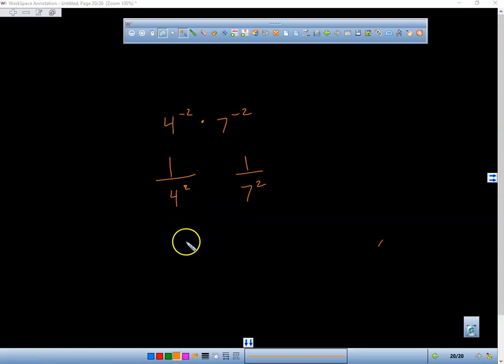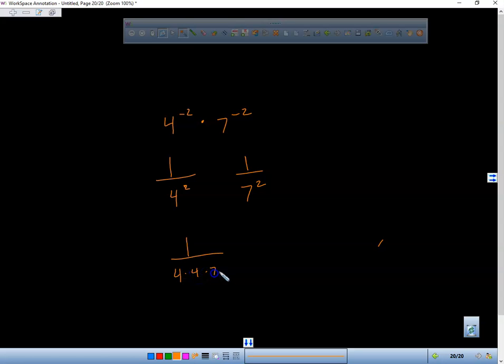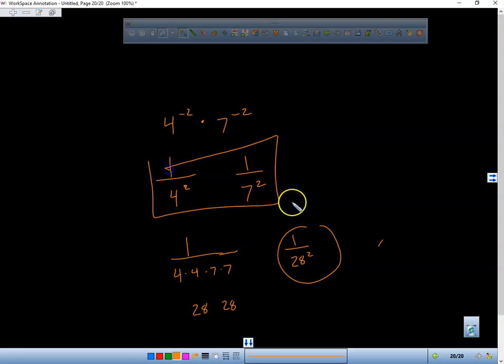One second. All right, so check this out. 4 times 4 times 7 times 7 means this right here. Would you agree 4 times 7 is 28, and 4 times 7 is 28. So that's actually like saying 1 over 28 squared. So this becomes this, which could become that.